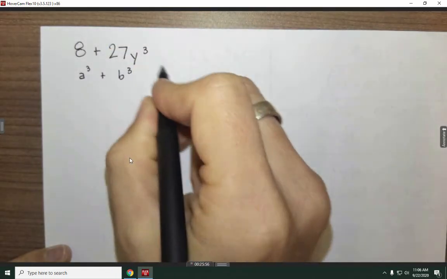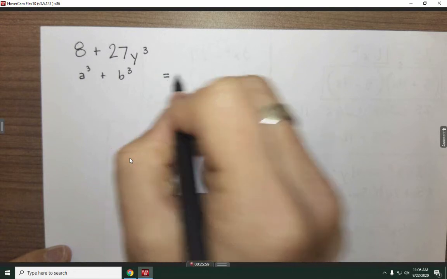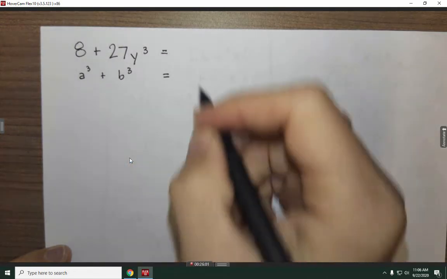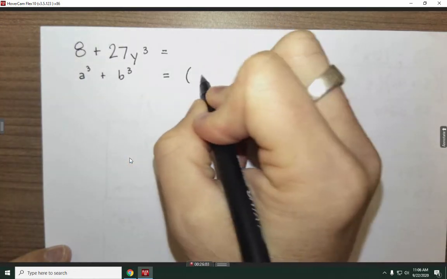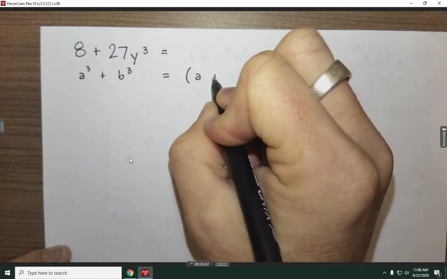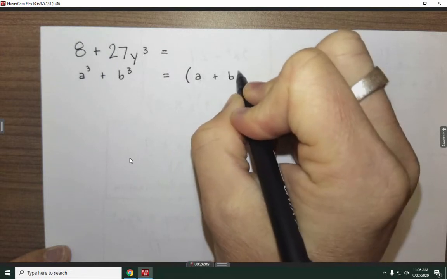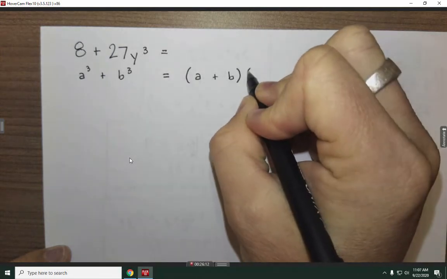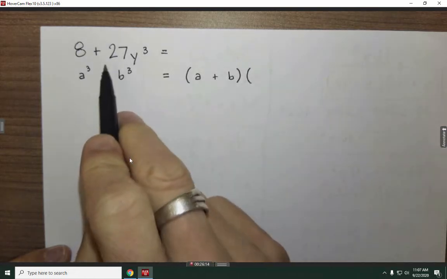What's going to happen is that we factor this apart. This is going to be the cube root plus the cube root of the other term. And then we're not even going to use what we referenced back here.